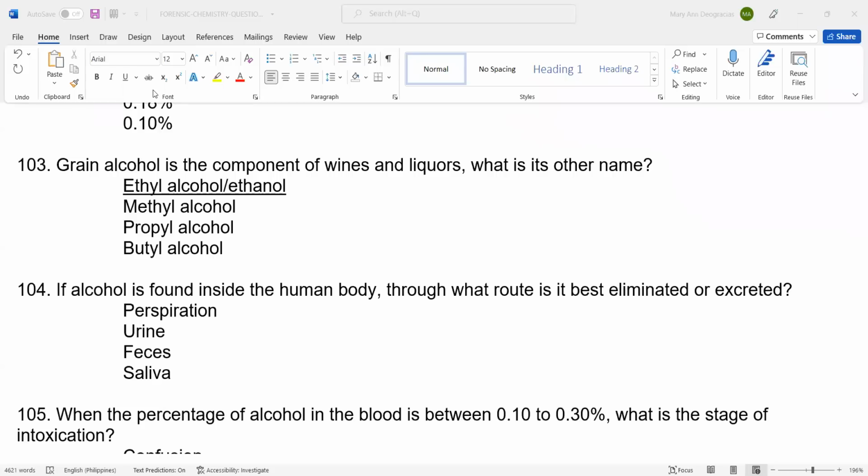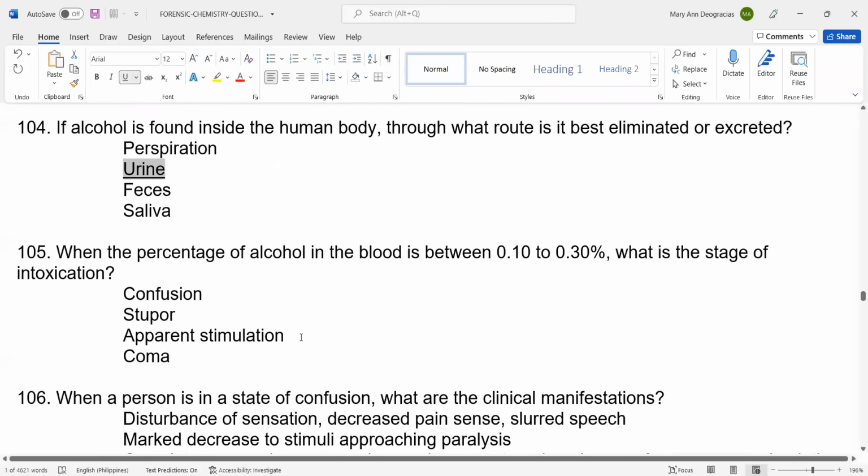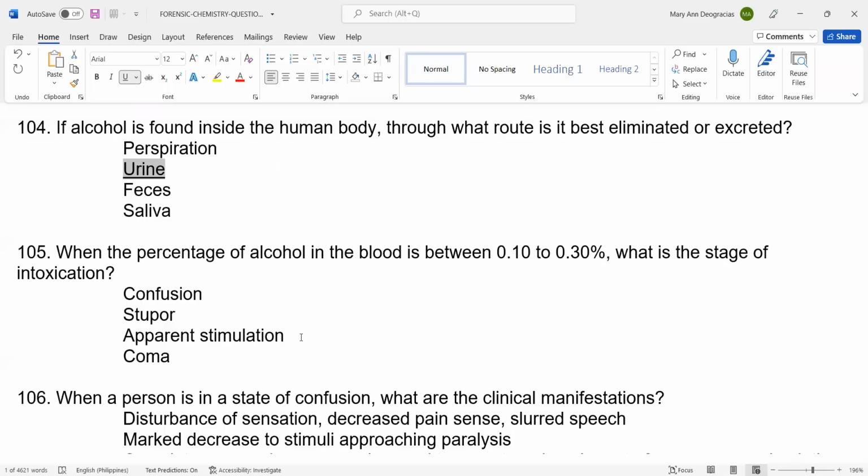Lalo kung beer ang ininom nyo, tas malamig ang panahon, what will happen? So you keep on urinating. Meaning, na-eliminate yung iniinom mong beer sa katawan mo pag panay ang ihi mo. So that's the best method. Although lahat yan, those are all ways of eliminating alcohol from the blood. Pero yung pinakamabilis na paraan is through the urine.